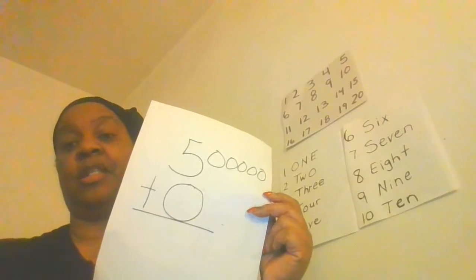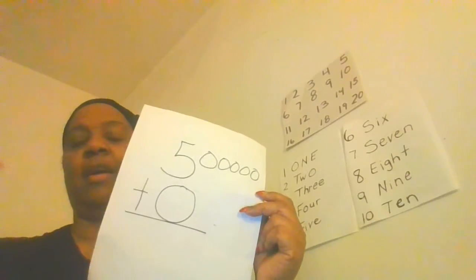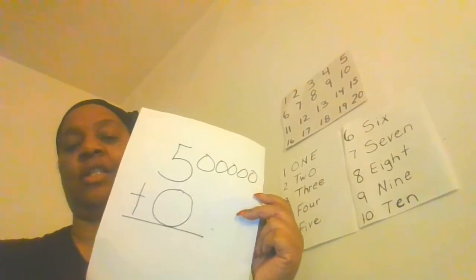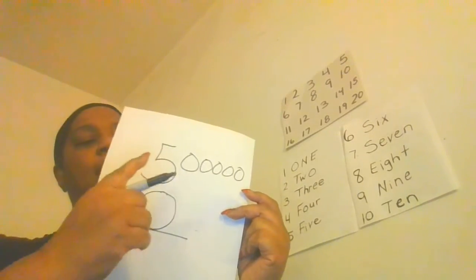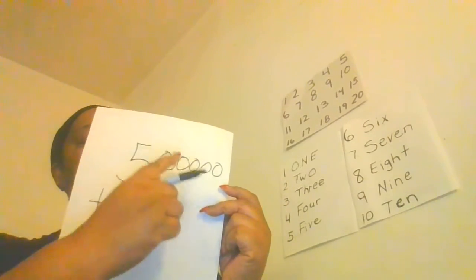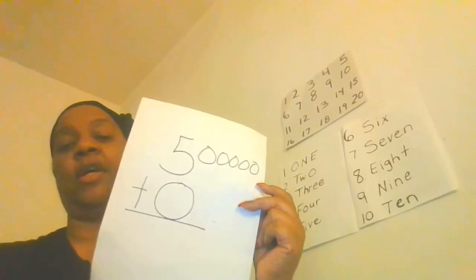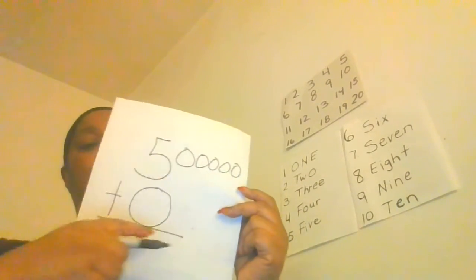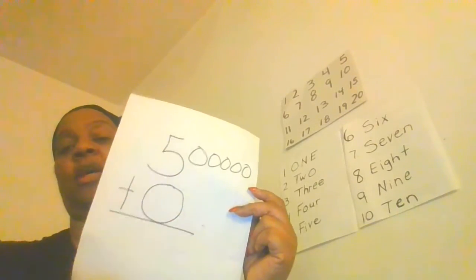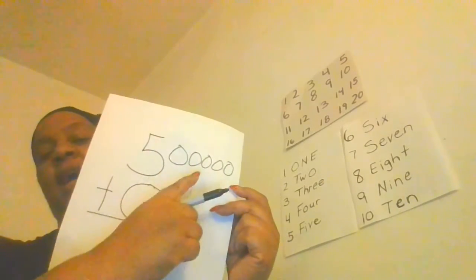Sometimes you get confused with the 0 because we want to count it. You don't count it. It's nothing. 0 stands for none. So we go 1, 2, 3, 4, 5. And if we don't add any more, 5 plus 0 equals what? How many do we have? Right, 5. Very good.